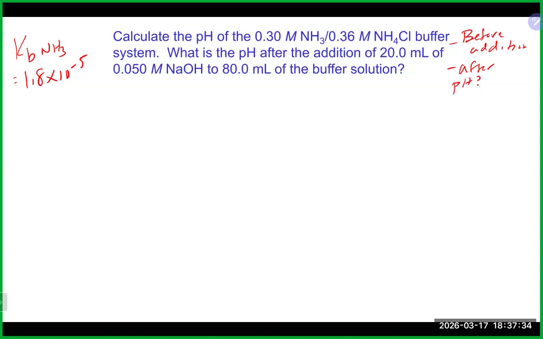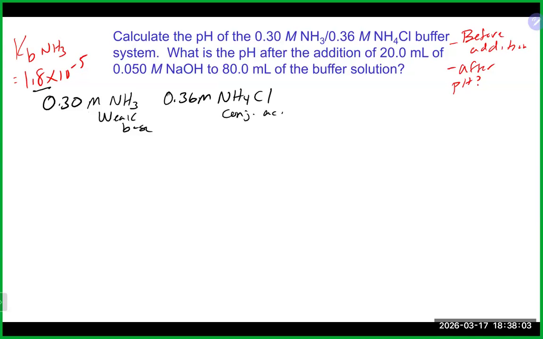Okay, let's take a look, see how you're doing. So obviously, it tells you it's a buffer, but once again, lots of problems will not tell you it's a buffer. We do have 0.3 molar ammonia, and we do have 0.36 molar ammonium chloride. With the Kb value given to you, you should recognize that this is a weak base, and this would be its conjugate acid, really the salt of its conjugate acid.